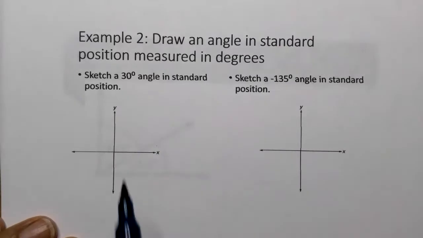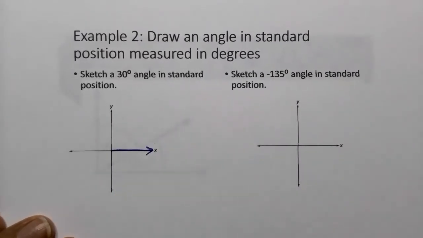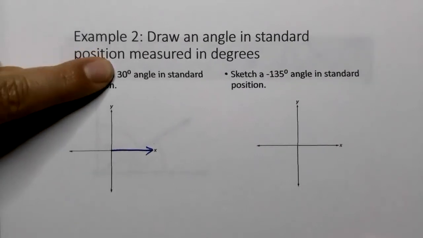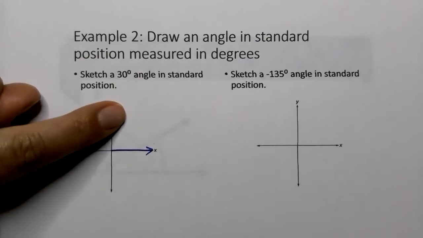First of all, the initial side coincides with the positive direction of the x-axis. We know this is a less than 90-degree angle, so it's an acute angle and it's going to be in our first quadrant.